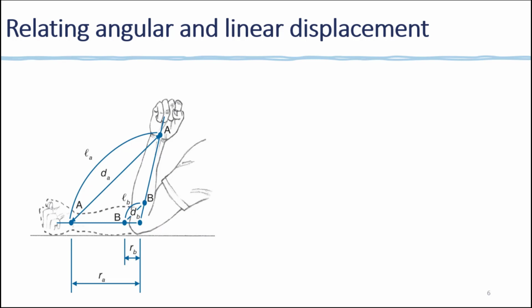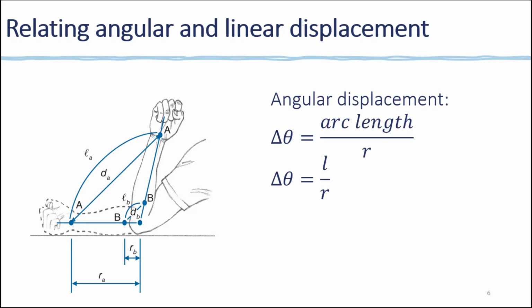So let's look at the definition of an angle measured in radians because it'll make this relationship more obvious. An angle measured in radians is the ratio between the arc length and the radius. And that's exactly what is shown here in the angular displacement equation. If we manipulate that equation, then linear distance, which is arc length, that's traveled by a point on a rotating object is directly proportional, so it's equal to the angular displacement of that object times the radius, or the distance that that point is from the axis of rotation.